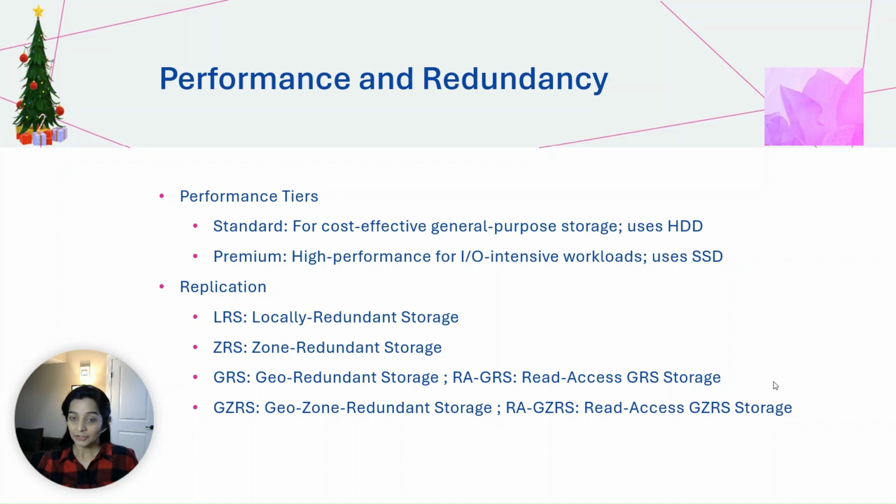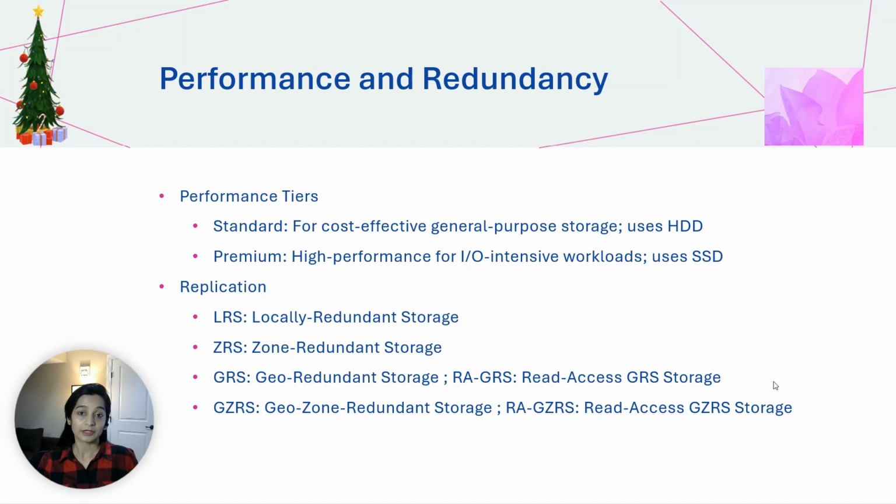You can tailor your storage solution to meet specific workload requirements by balancing cost, performance, and availability. By combining performance and redundancy options, such as, say, pairing a performance tier that is standard or premium with a redundancy option, for instance, LRS or GRS, you can create an efficient and resilient solution aligned with your workload needs.